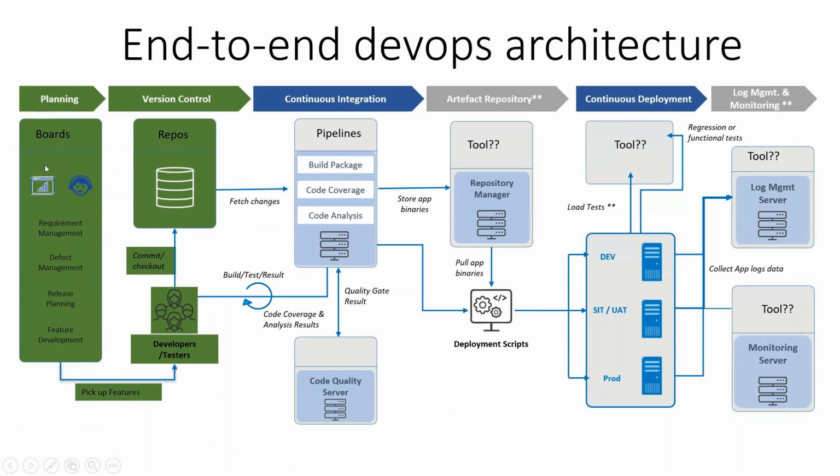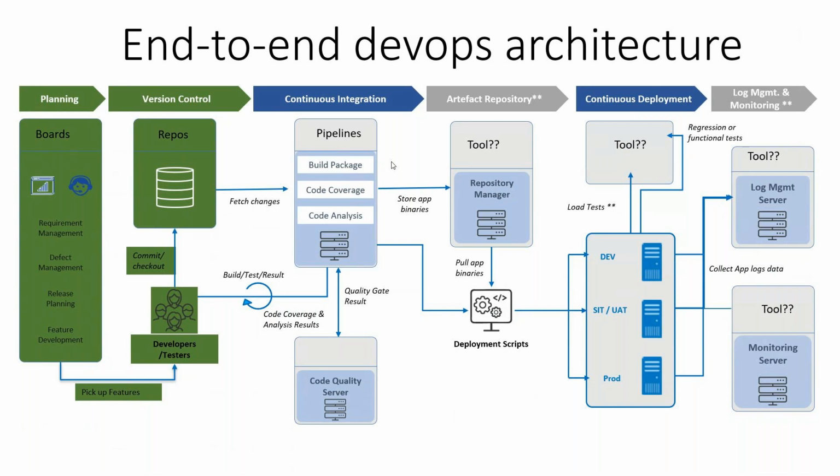In the planning phase, we used Azure Boards and learned all the requirements management and Scrum, etc. And then in version control, which is in the coding phase, we learned Azure Repos with all the Git operations. So you have seen what a developer has to do, what a team has to do, and what your responsibility is as well. Now from here, continuous integration, Artifactory, and continuous deployment, it is fully your work actually.